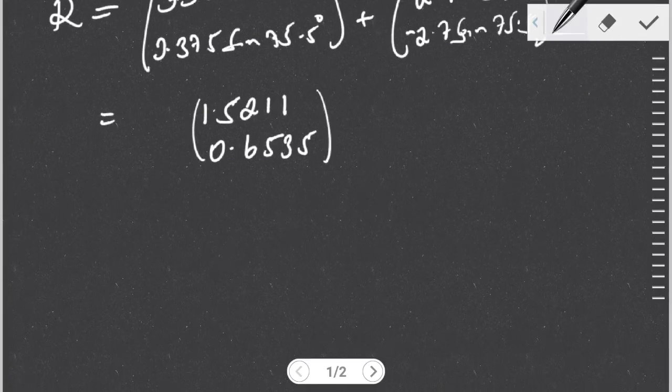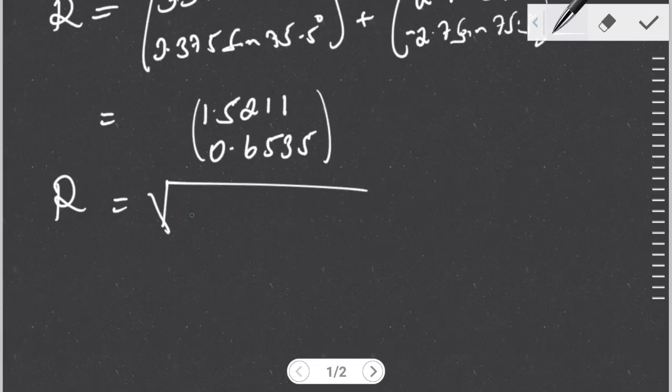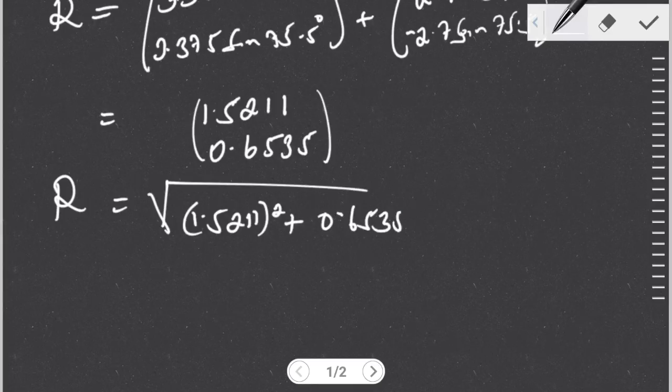From here I can get my resultant, which would be equal to the root of 1.5211 squared plus 0.6535 squared.